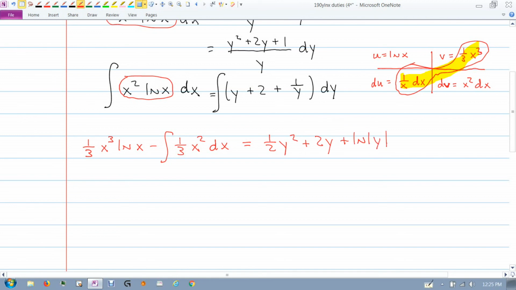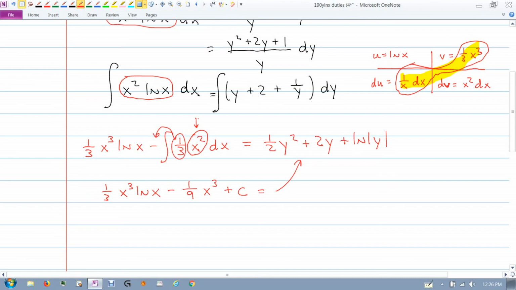So that's my right side, just the antiderivative there. And this antiderivative is pretty clear. So we're going to have 1/3 x cubed natural log x minus 1/9 x cubed plus some constant equals this side. Just be careful here that the 1/3 comes out, but then the antiderivative of this is going to have another 1/3, so it becomes the 1/9.